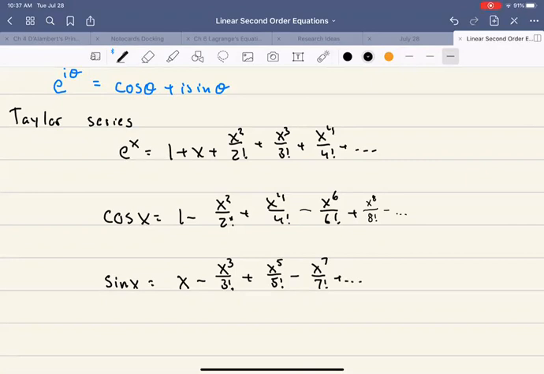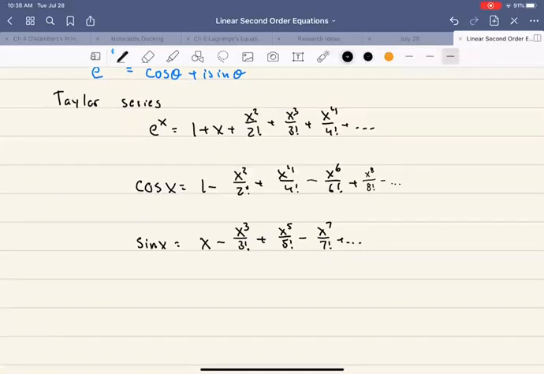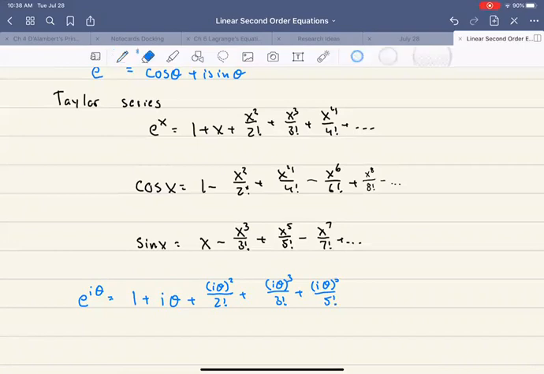So let's start by doing e to the i theta. e to the i theta is going to be 1 plus i theta plus i theta squared over 2 factorial plus i theta cubed over 3 factorial, plus i theta to the 4th over 4 factorial. Sorry, getting ahead of myself, literally.